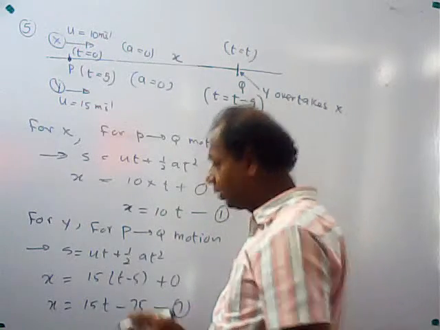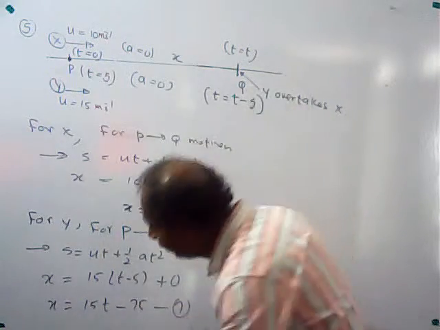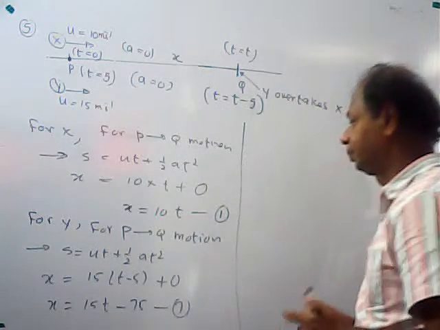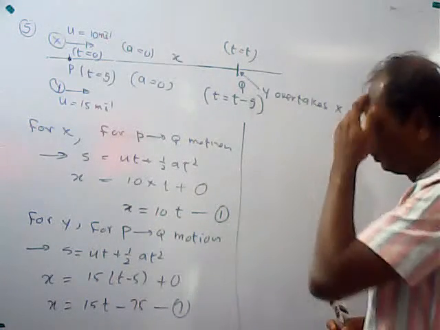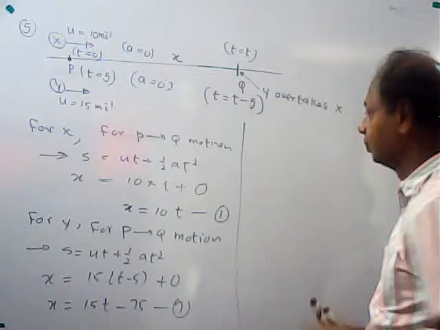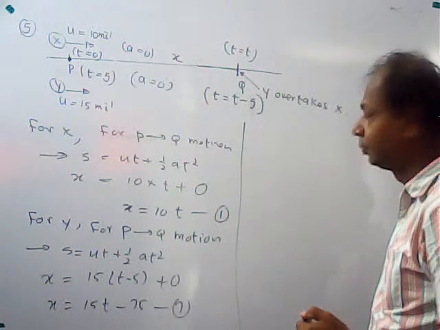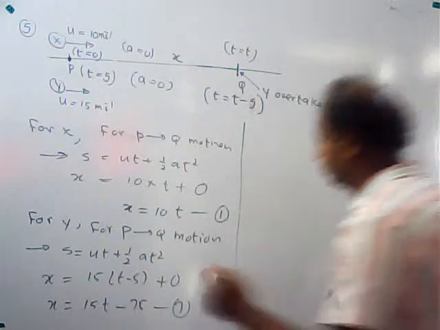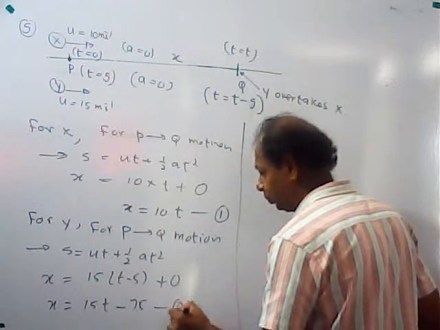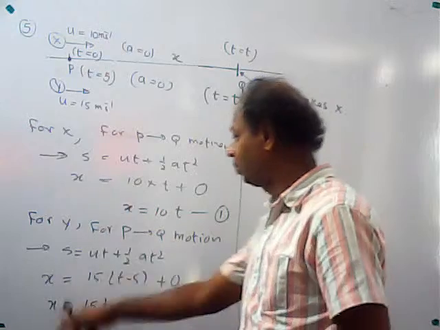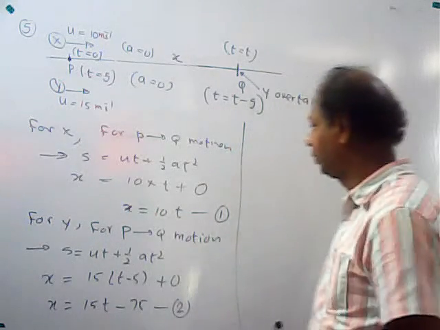Two equations. You can solve them and find x and t. That's what we have to find. You can easily solve them. Just subtract, and you will get rid of x.